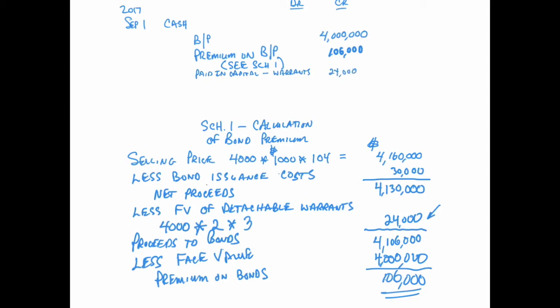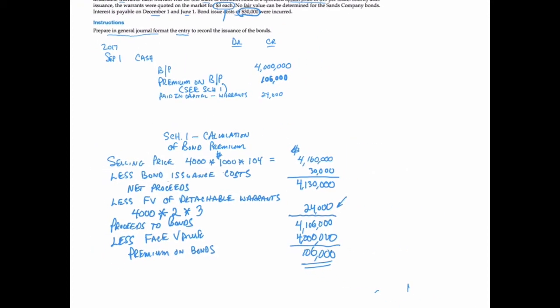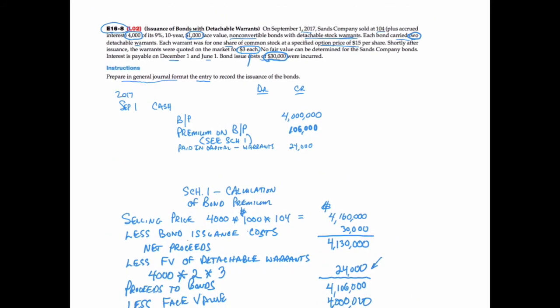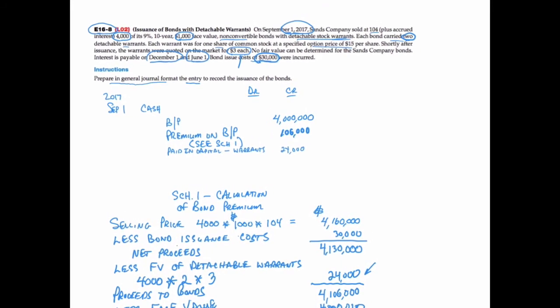Next, we also have these bonds that were issued on September 1, but they pay interest every December 1 and June 1. So they're going to pay a regular 6-month payment on December 1, 2017, but we already owe some of that.